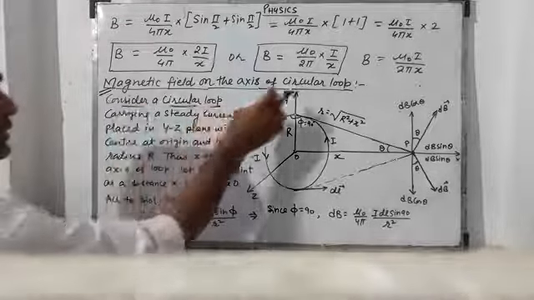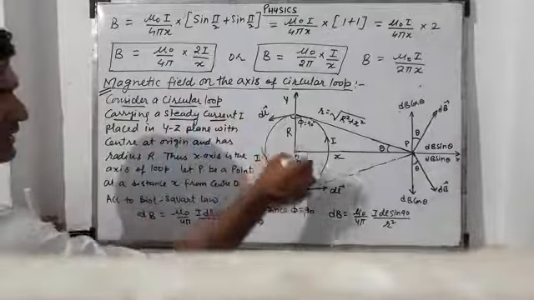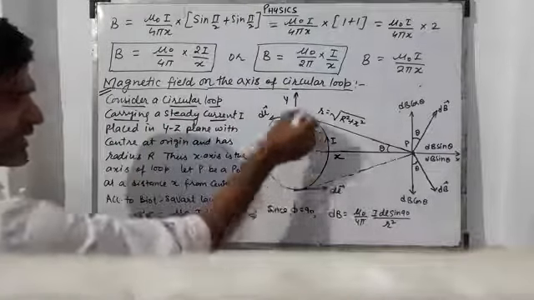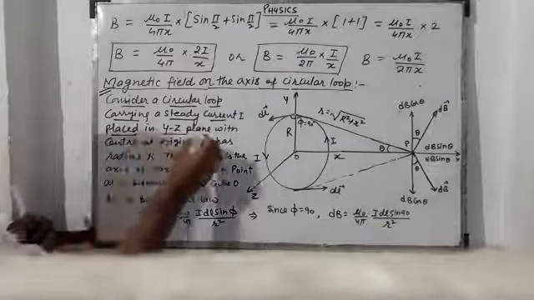Now consider a circular loop, this one, carrying a steady current I. Current I is flowing in this loop, placed in the YZ plane.